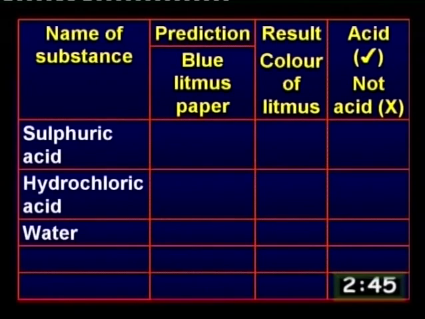That's your table. You have 4 columns. Once you copy down the table, then you list down your materials.